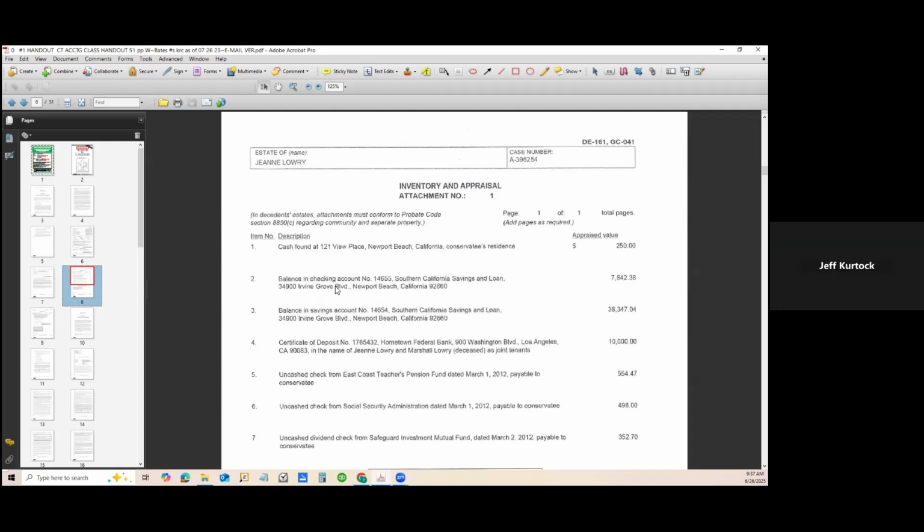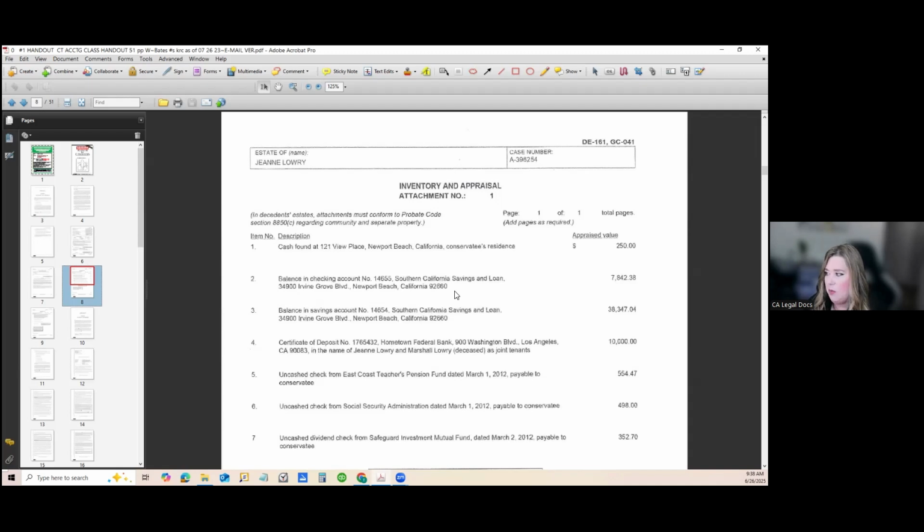Okay, the next: what do you do with the outstanding checks? The decedent dies March 8th, and a check comes in on the 9th and the 10th and the 11th, and the bank pays them. Well, then you have to record those checks in your accounting. So you're still going to list the amount that was on the day of appointment, and then your accounting will show the checks that were written, even though they might not have been written by the appointed person.